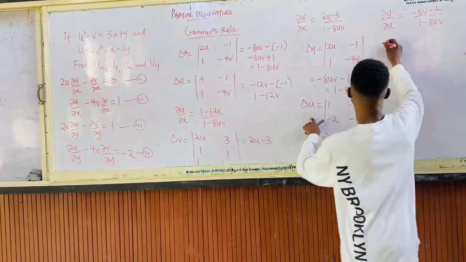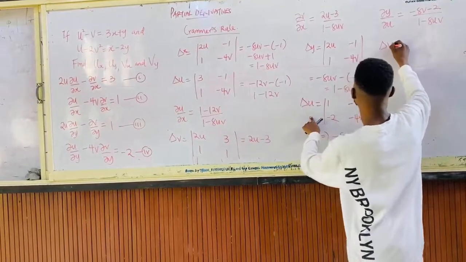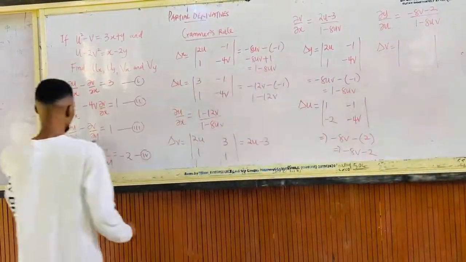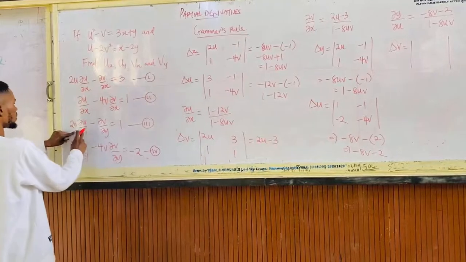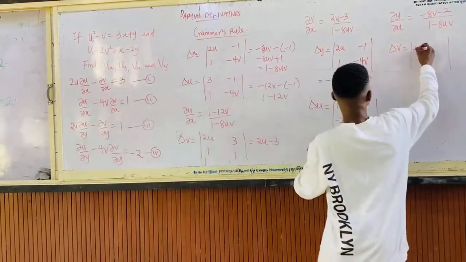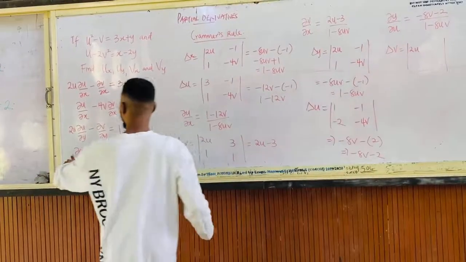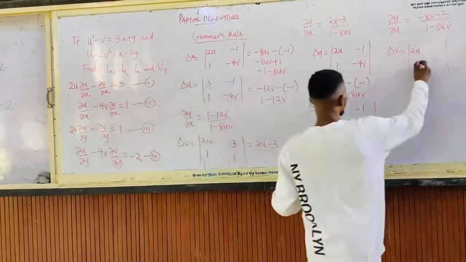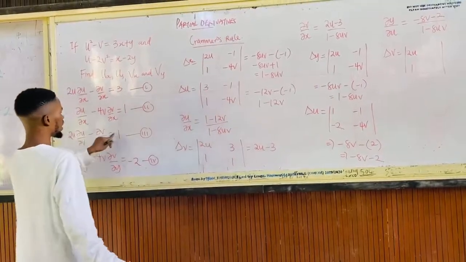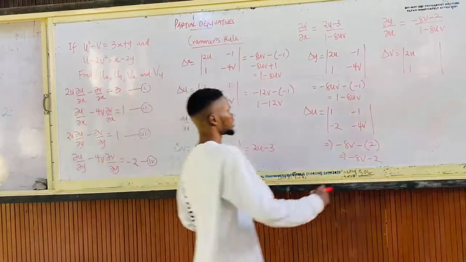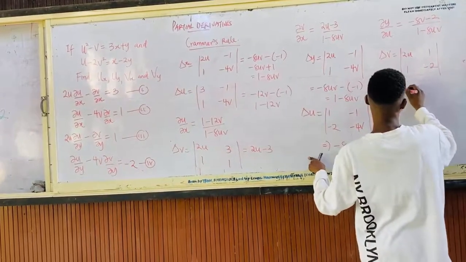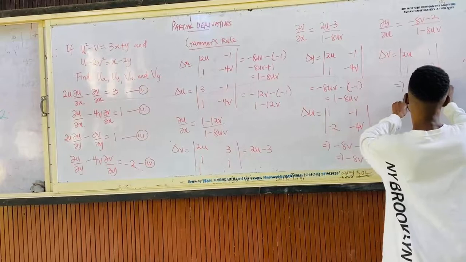Now also, my change in v will be the determinant. I want to find the v del y now. I'm not looking for the u del y, so I'll write the coefficients 2u and 1. So now I'm looking for the v del y, so I'll not write the coefficients here, I'll write the constants. That's 1 and minus 2. So the answer is minus 4u minus 1.